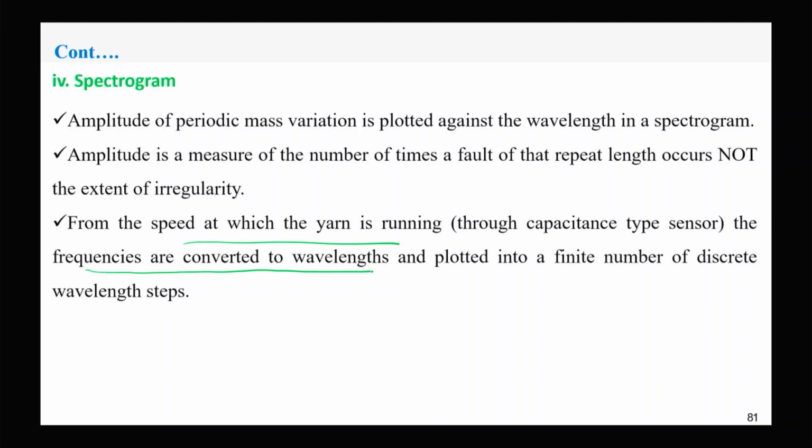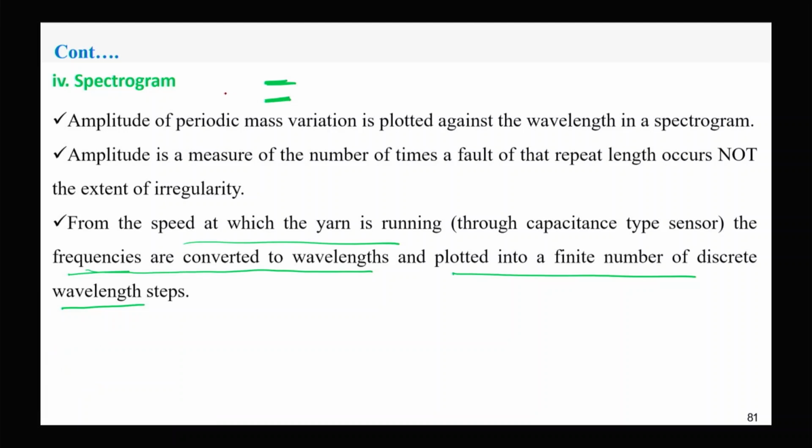That means the thick and thin places that we record through the capacitance type sensor, and the frequencies are recorded and plotted into finite wavelength steps. Now try to understand what is happening. Suppose this is the capacitance type sensor. This is a parallel plate capacitor. Now the yarn is moving.